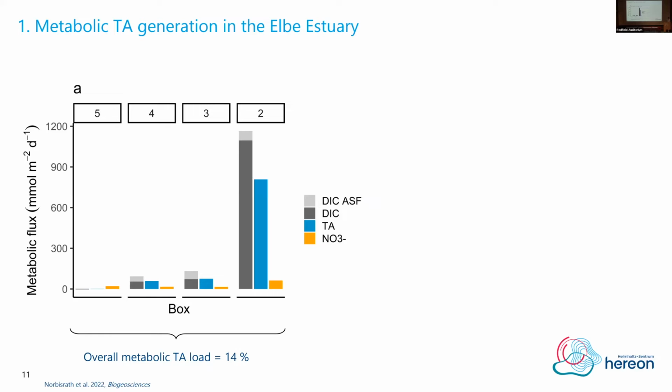When we now look at the alkalinity generated in the estuary, and combine all of them, we get an overall metabolic load of metabolically generated alkalinity of 14% from the entire Elbe estuary.